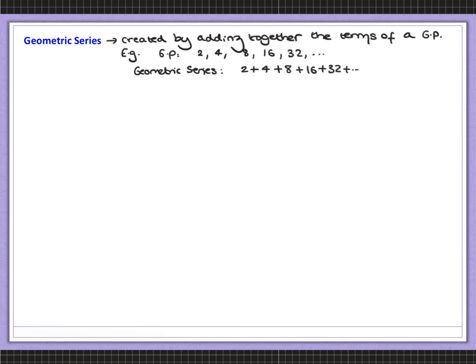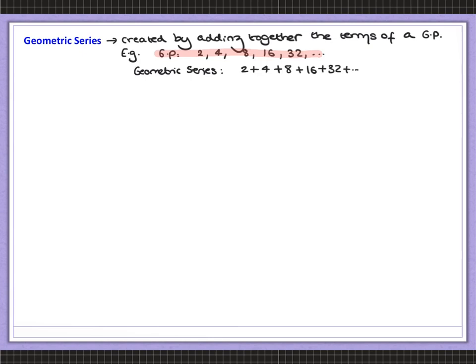So, moving on from simple geometric sequences or progressions to a geometric series. Now, a geometric series is created when you add together the terms of a geometric progression. So, for example, a geometric progression or sequence would be 2, 4, 8, 16, 32.